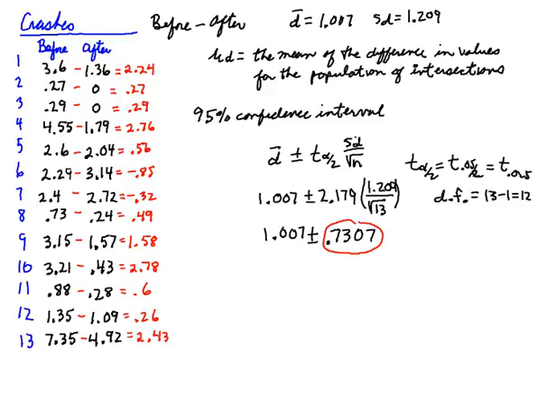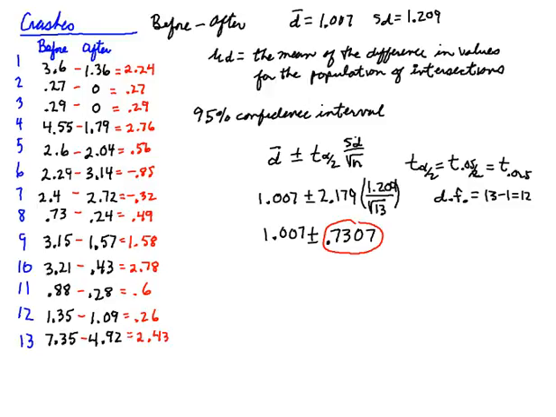Although my estimate for the mean of the difference in values for the population of intersections is approximately 1 crash per intersection per year, that could be off by as much as 0.73 crashes per intersection per year.